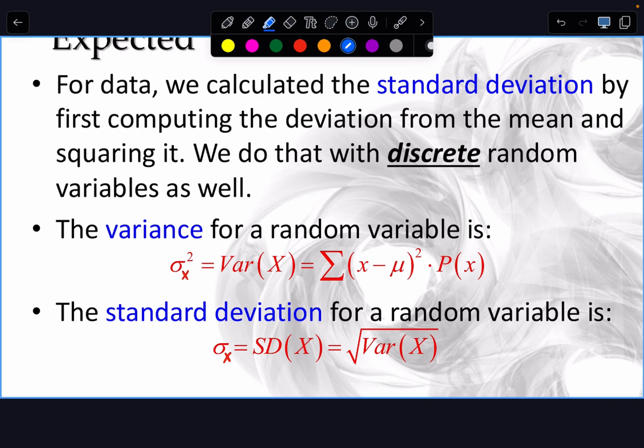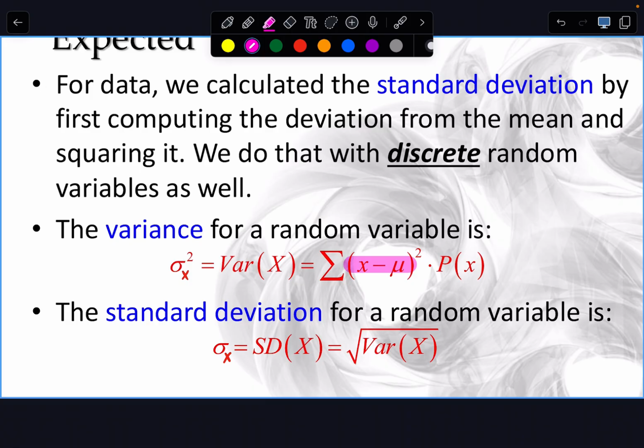But we're going to start by taking each value minus the mean. We're going to take that difference and square it. And then we're going to multiply those deviations by the probability of each outcome. So now that's where we're going to add the weight to each value. So that formula is going to calculate our variance.